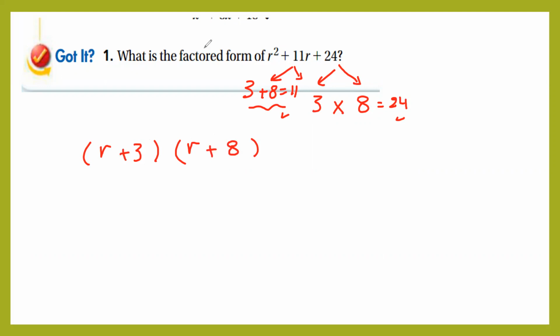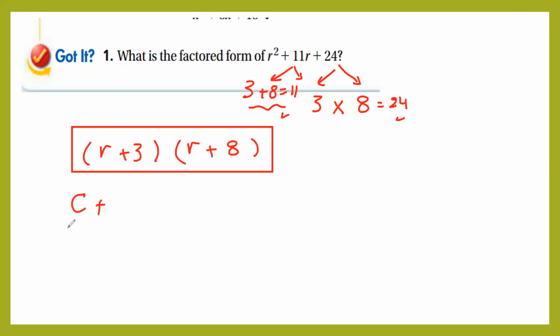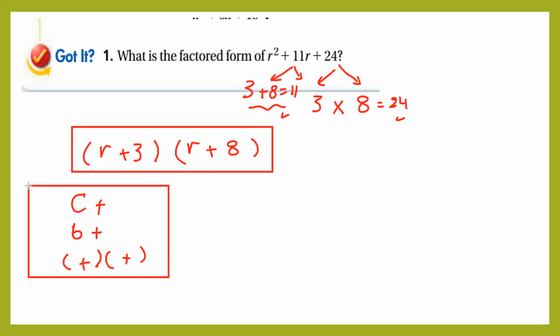So it is x plus 3, x plus 8. Here C is positive, B is positive, so both parentheses take the positive sign. Hope you understood the second one.